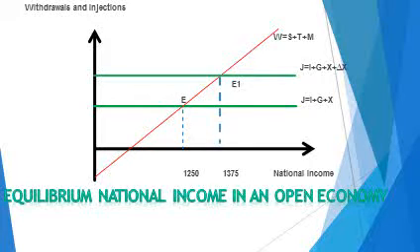According to this slide and this graph, the increase in national income occurs when the exports increase. In the previous lecture we have already calculated the impact of the increase in exports on national income, and we have learned the importance of the multiplier.